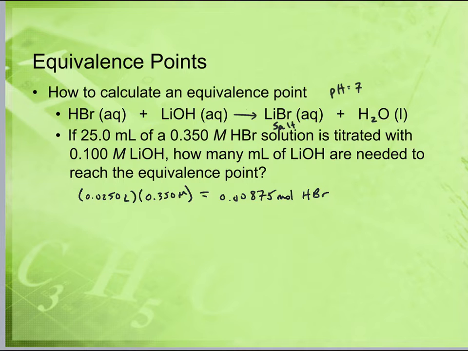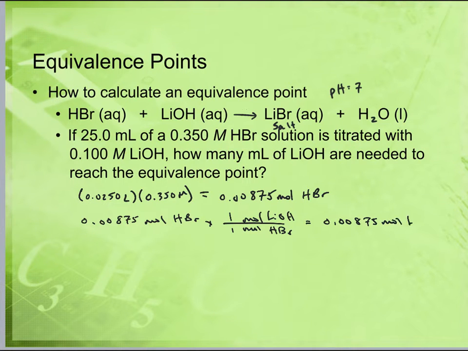So then it would be multiplying times a mole ratio. So we got 0.00875 moles of HBr times, okay, mole ratio here would be looking for LiOH on the top and HBr on the bottom. It's a 1/1 ratio. So my number of moles of base is 0.00875 moles of LiOH.